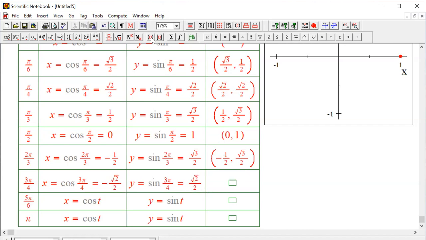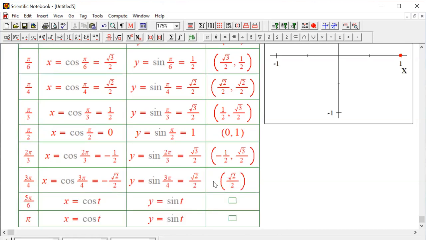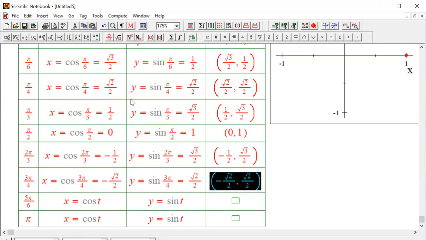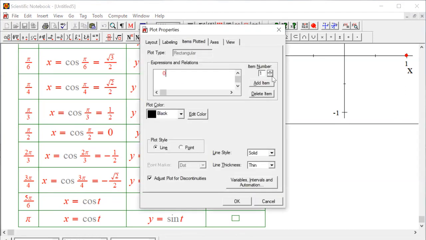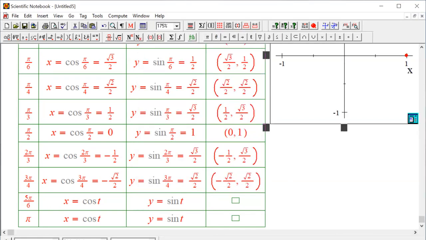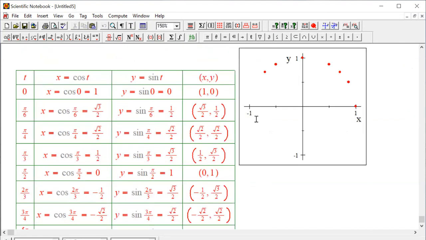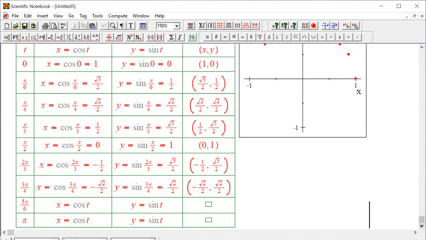Right, so our point here is going to be negative root 2 over 2, positive root 2 over 2. So we got another point we can put on the chart. There. It takes a lot of patience, isn't it? Okay, so let me make the fonts just a little bit smaller, so this way we can see better.